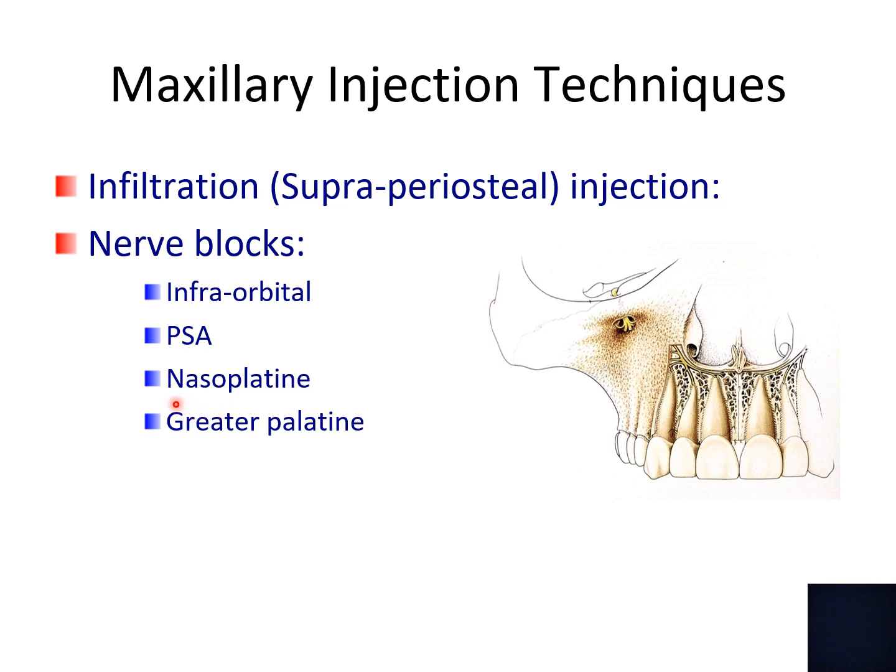And then you can also anesthetize the main trunk of the nasopalatine or incisive nerve, as well as the greater palatine nerve. However, you would not require these for your routine dental care, and we shall only discuss these very briefly at this point, and it's something you would consolidate in the later stages of the course.